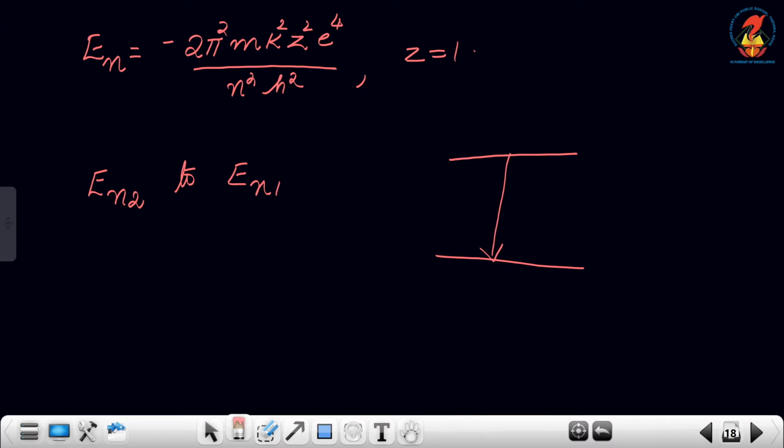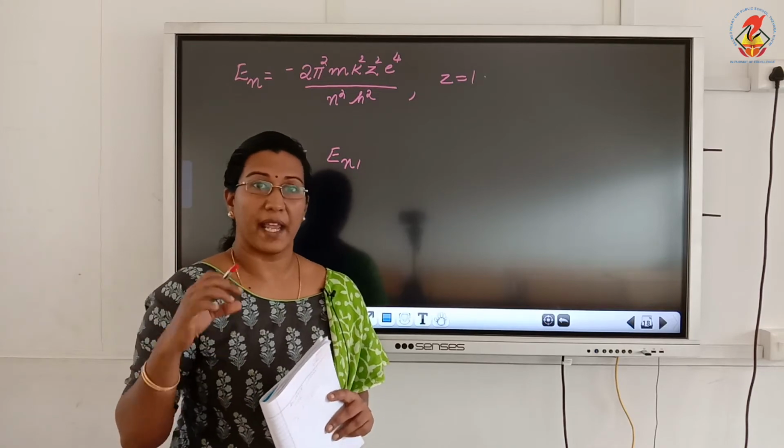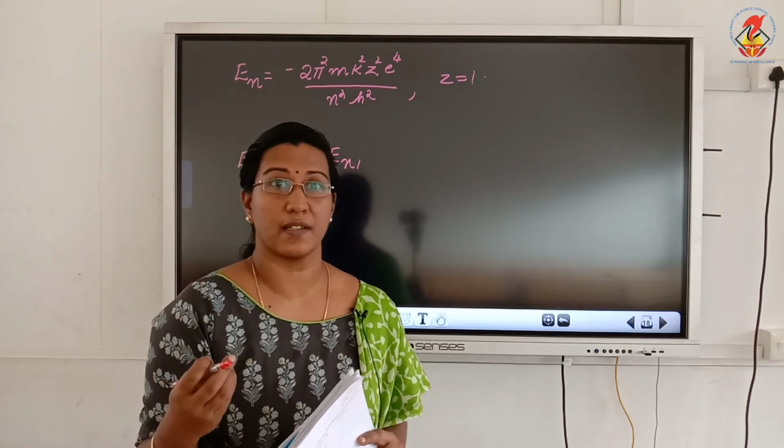Now according to Bohr's frequency condition, an electron can jump from a higher level to a lower level or vice versa by emitting a photon having a frequency nu.